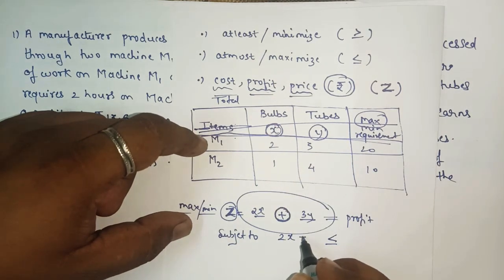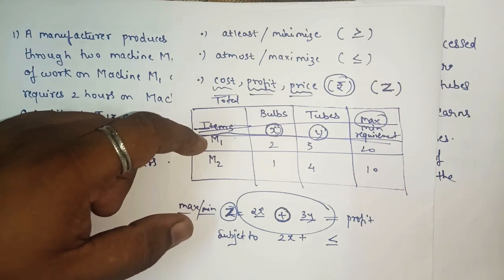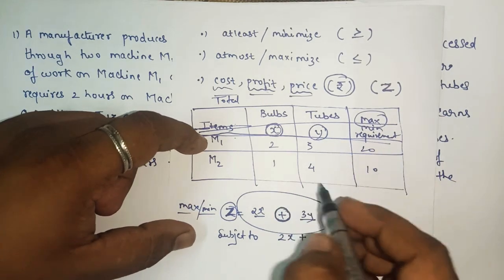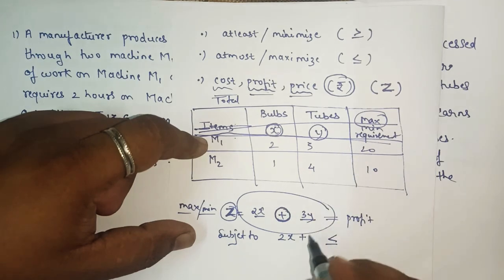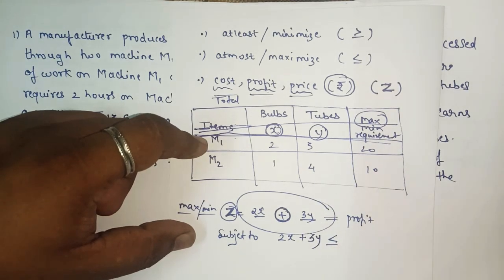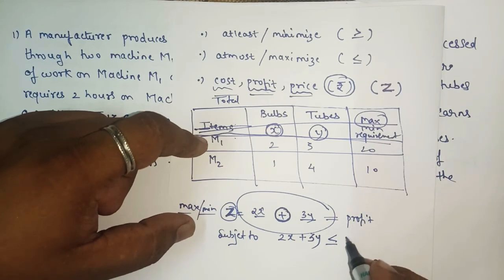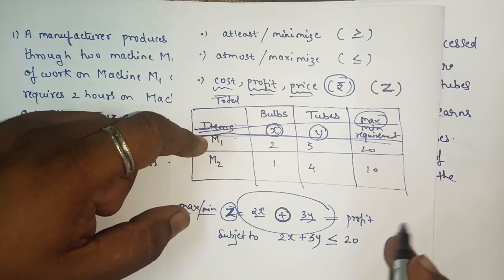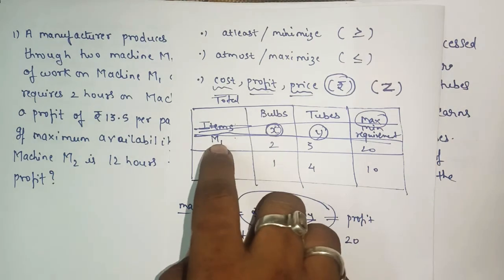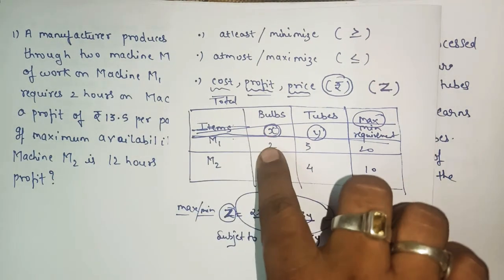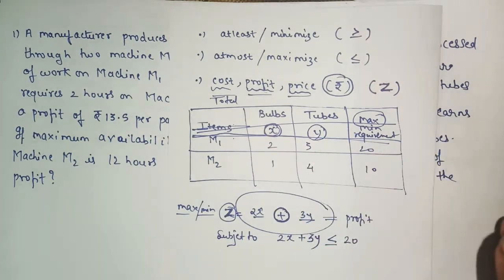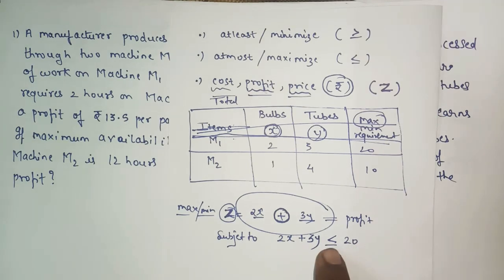Always here you will write plus only. This indicates machine 1 contains 3 tubes, so here you write 3y, and the requirement is maximum 20. Machine 1 contains 2 bulbs and 3 tubes, but the requirement should be less than equal to 20.